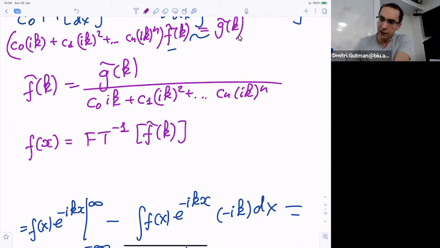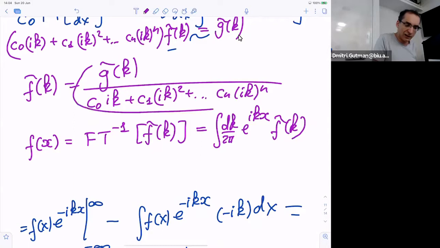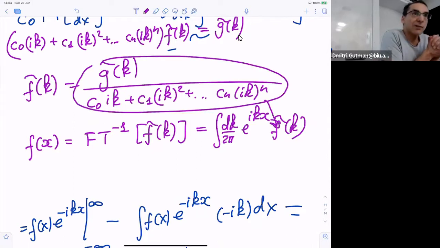And we agree that the inverse Fourier transform is just an integral over dk over 2 pi e to the ikx f tilde of k. So I take this, substitute it here, and compute a Fourier transform. And this automatically solves an ordinary differential equation with constant coefficients of any order.